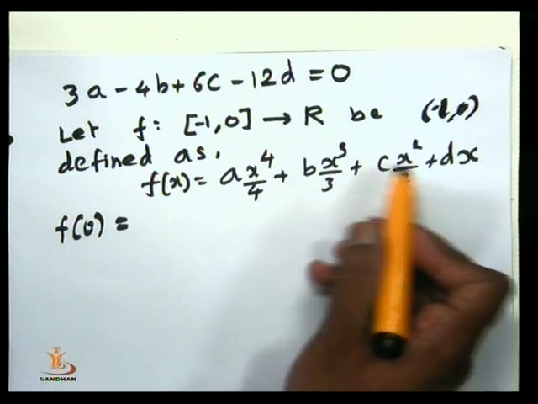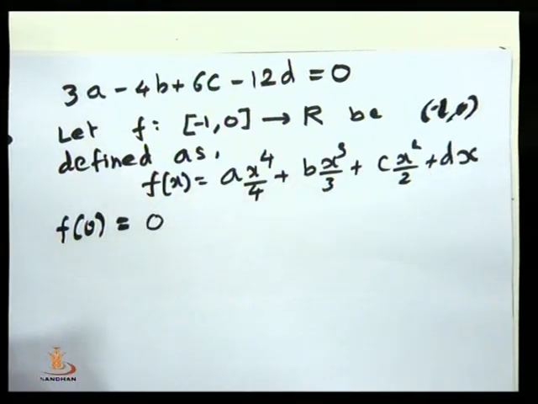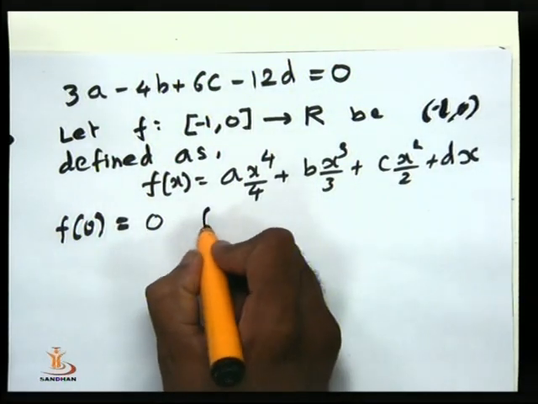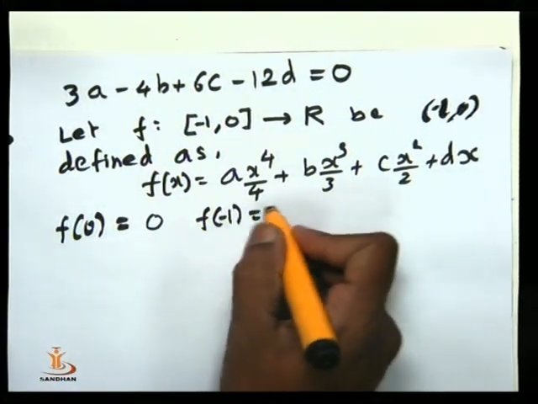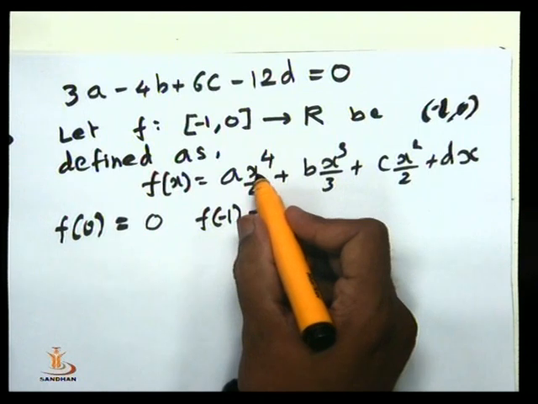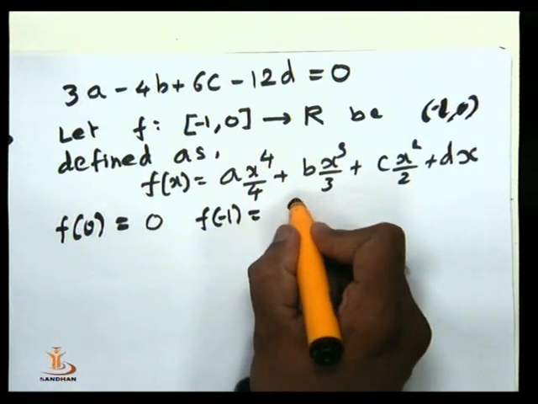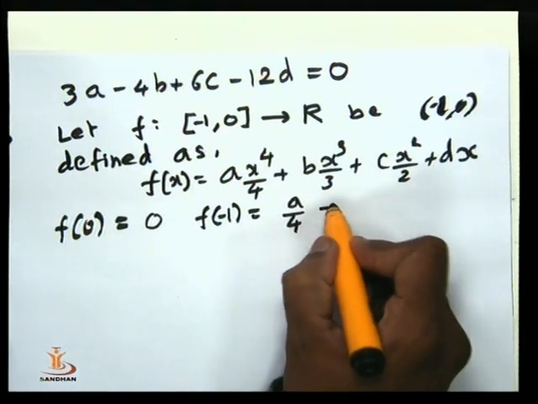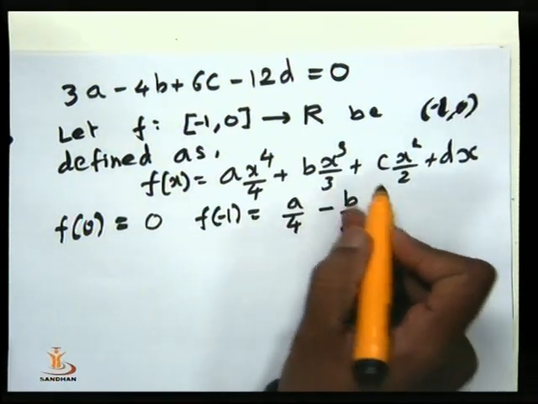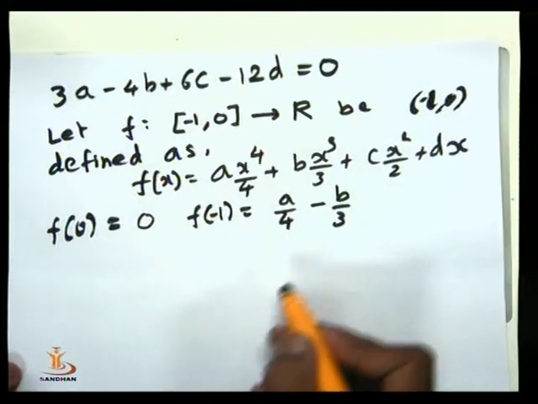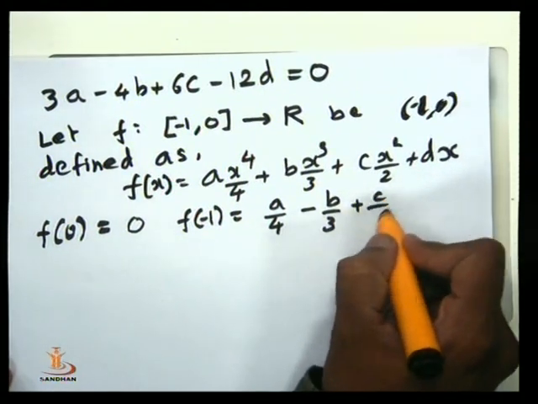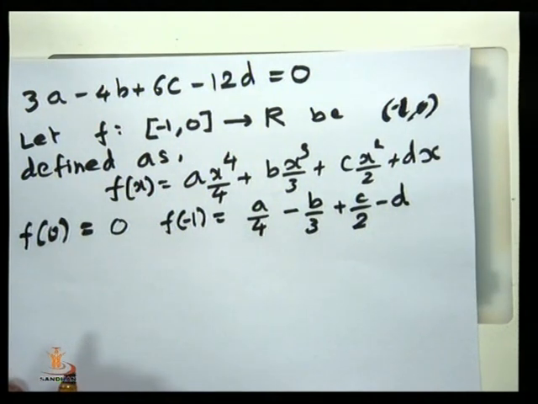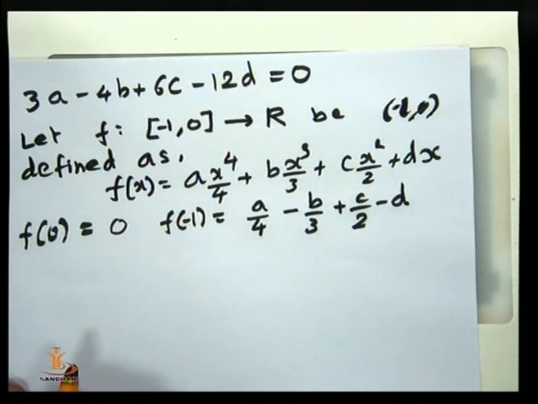Here every term contains x, so f of 0 is clearly 0. And what is f of minus 1? Putting x equal to minus 1 everywhere, you get a upon 4, since minus 1 raised to 4 is plus 1, then minus b upon 3 because minus 1 cube is minus 1, plus c upon 2 and minus d. So this is the value of the function at x equal to minus 1.